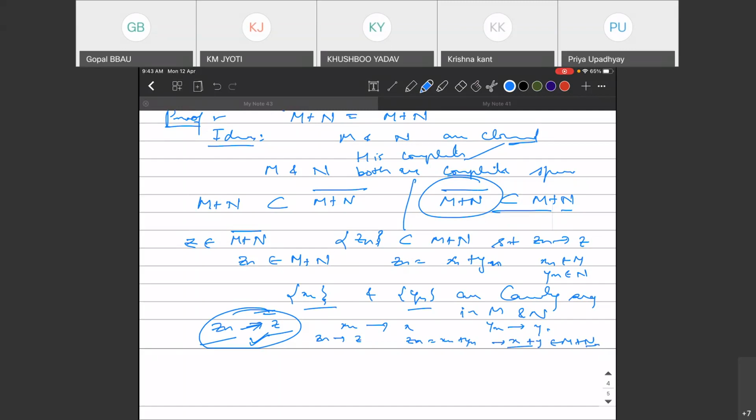So what you have proven is, you took an arbitrary element Z in the closure of M plus N, where Z is nothing but, okay, and you will say that since Zn is convergent and it converges to Z, this limit is unique, therefore this Z would be X plus Y. So from here you started with an arbitrary element in the closure of M plus N, and you have shown that this Z belongs to M plus N. This means the closure of M plus N is a subset of M plus N, and you are done.